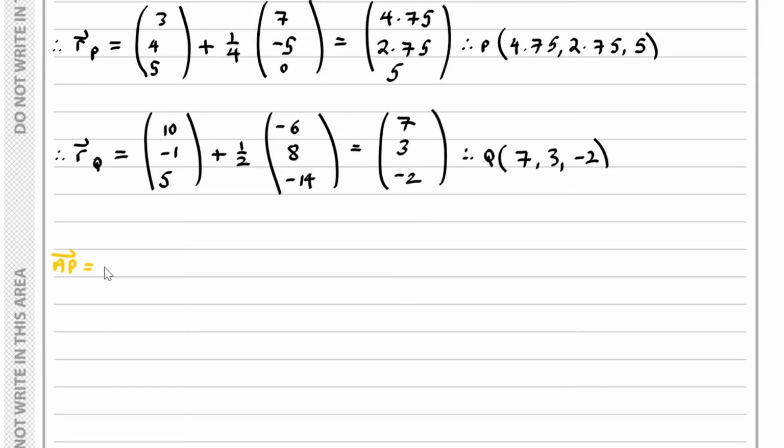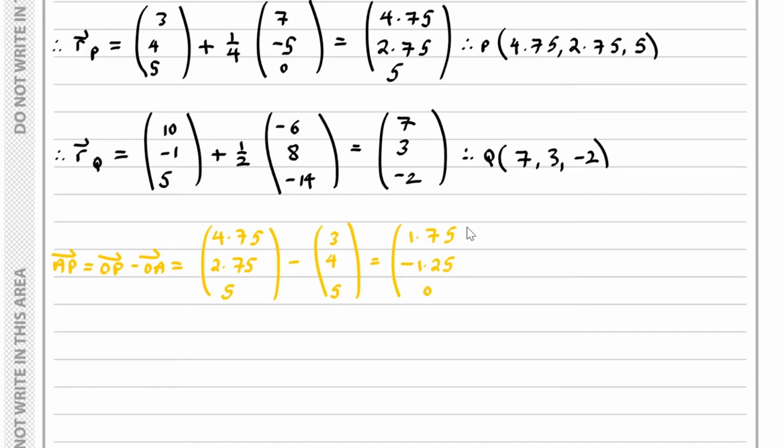AP is equal to OP minus OA. So we have (4.75, 2.75, 5) and we subtract off (3, 4, 5). And doing this, we end up with 1.75, minus 1.25 and 0.